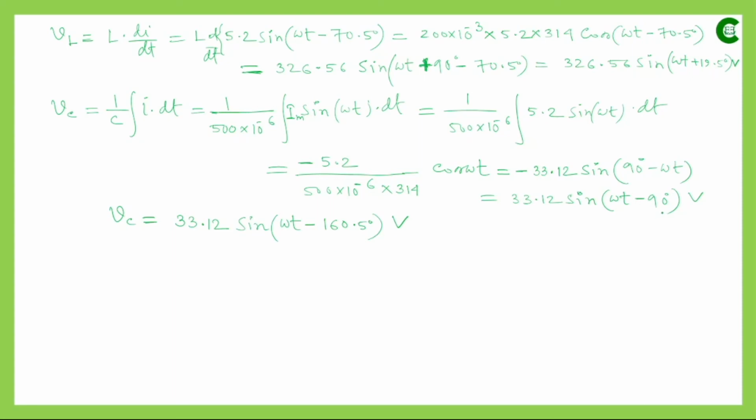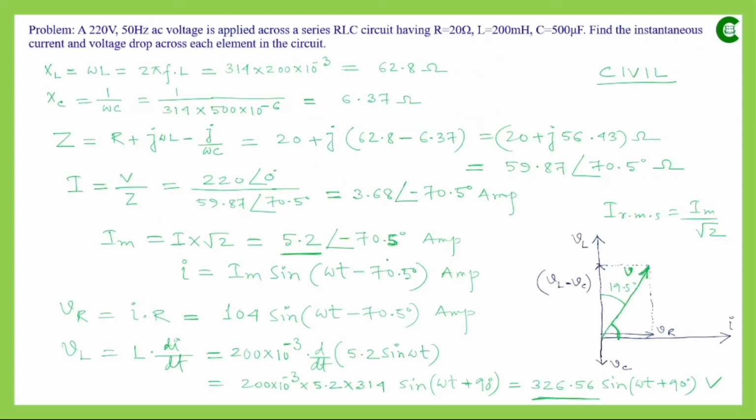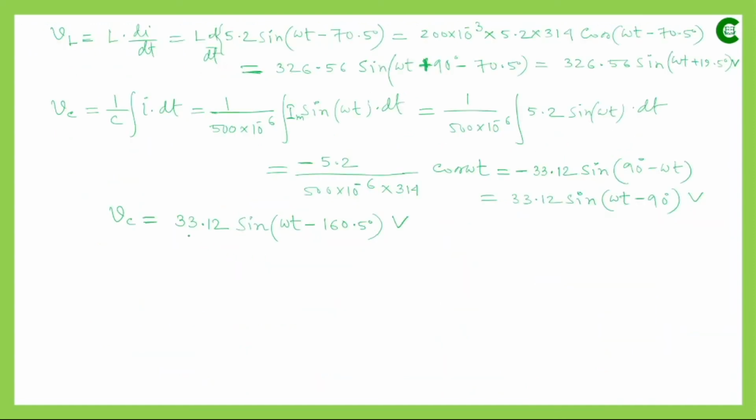But here this 90 degree is between the current and VC, the voltage drop across the capacitor, but this 160.5 degree phase difference is between the applied voltage or the total voltage V and the voltage drop across the capacitor. So if we go back to the phasor diagram, this is the angle. This angle is 160.5 degrees, and this is the angle between the total voltage V and the voltage drop across the capacitor. But value wise it is the same, it is 33.12, and this much is volt.